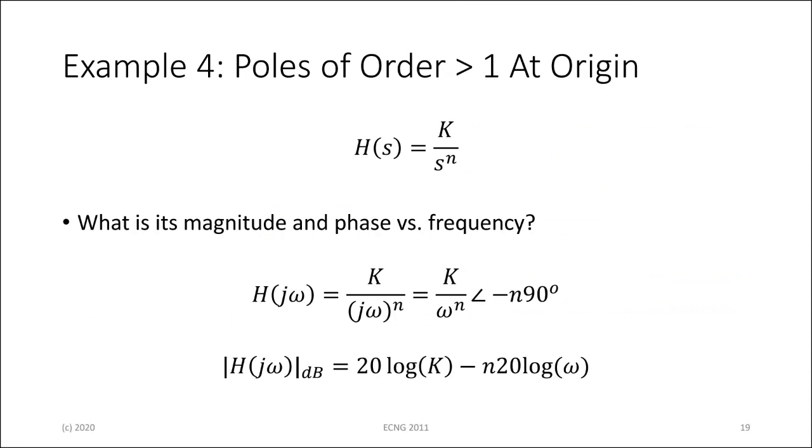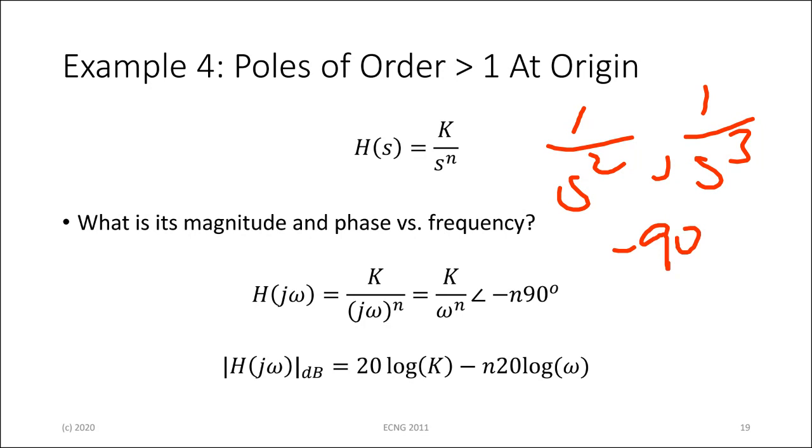And what about multiple poles? So 1 over s squared, 1 over s cubed, and the like. And we met that in the course of doing all our discussion on active filters. And we expect that every time, so for n equal to 1, we have minus 90 degrees as a phase shift.